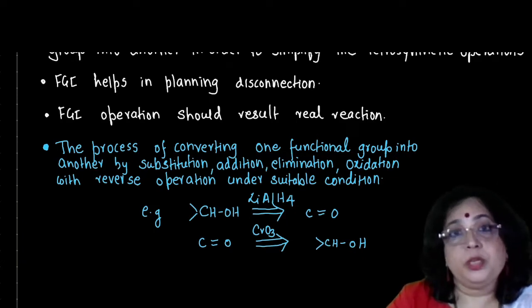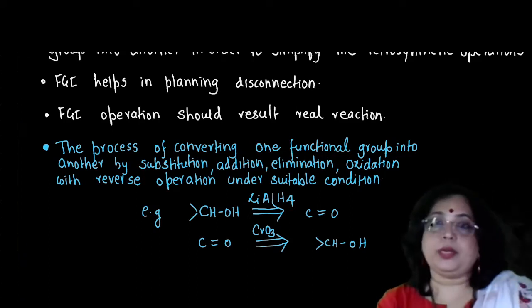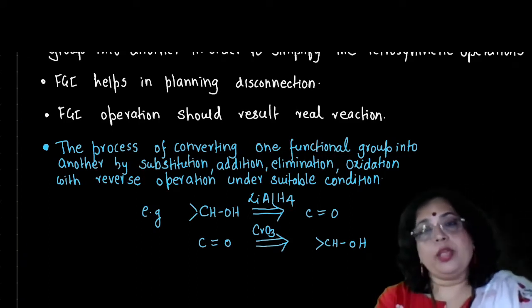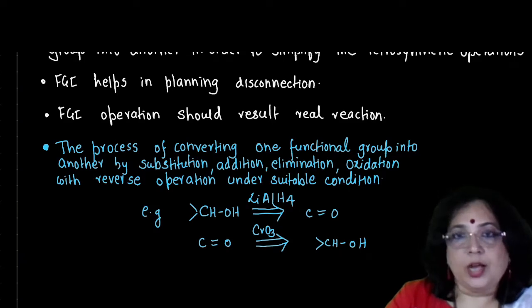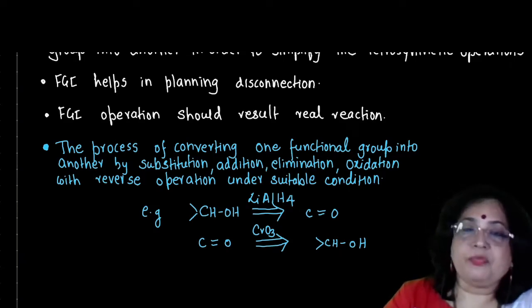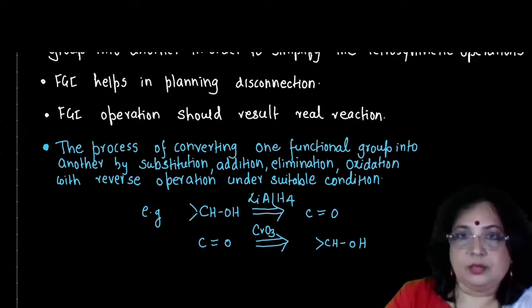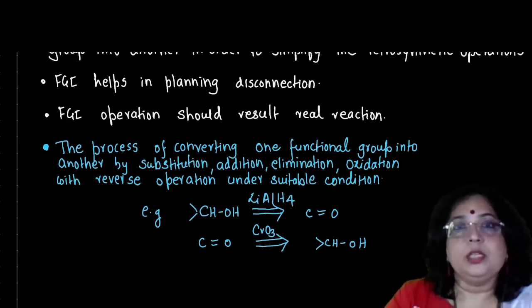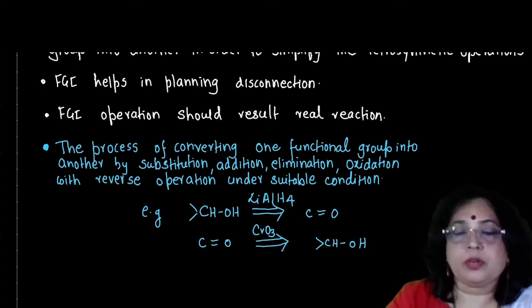The operation should be a reverse operation under suitable conditions. So whenever you apply FGI with the help of various types of reactions, for example substitution, addition, elimination, oxidation, whatever.